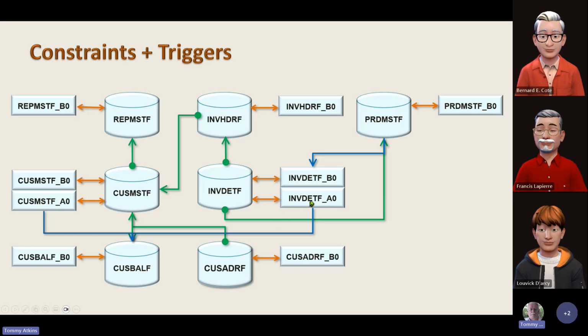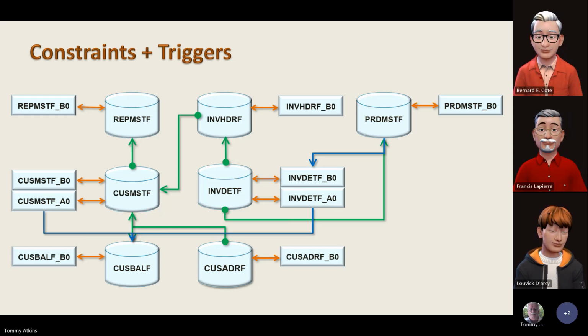The after trigger on the invoice detail file can maintain the balances file as well. All of these things are possible without doing one line of application code. And once these are done and tested on your database, you never have to look at them again.